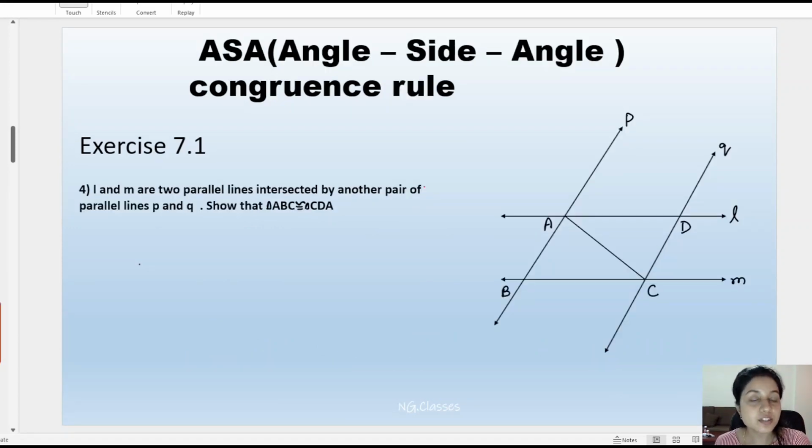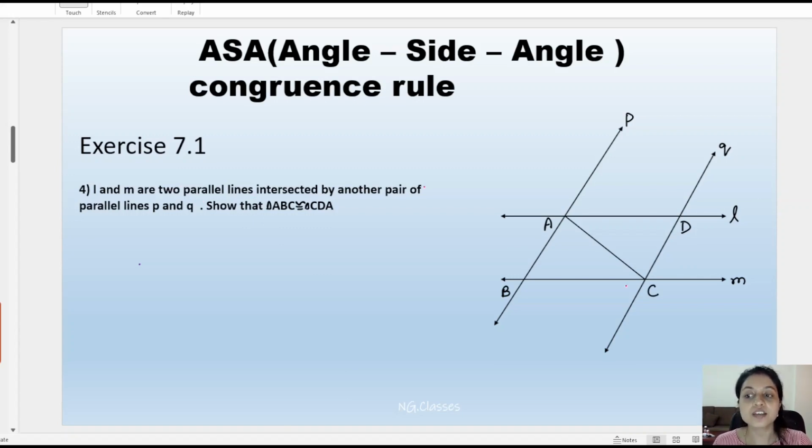Now let's see the next rule. The next rule is the angle side angle congruence rule. Let's understand it with the help of the given question. Our question says L and M are two parallel lines.